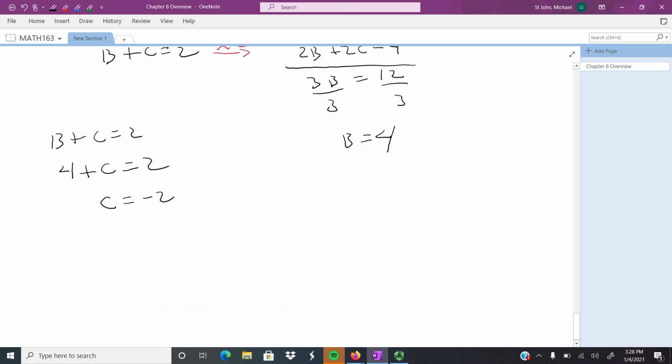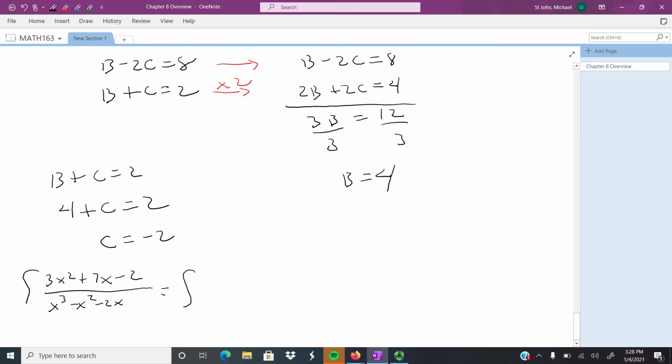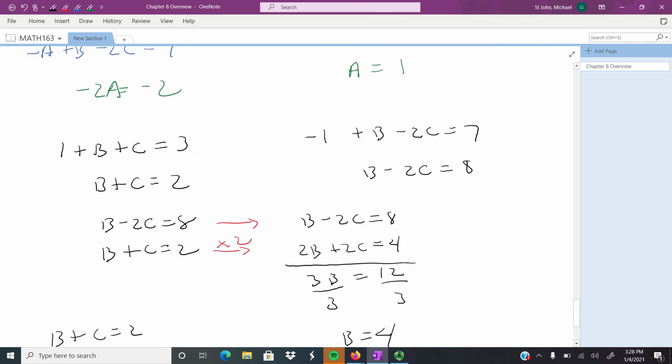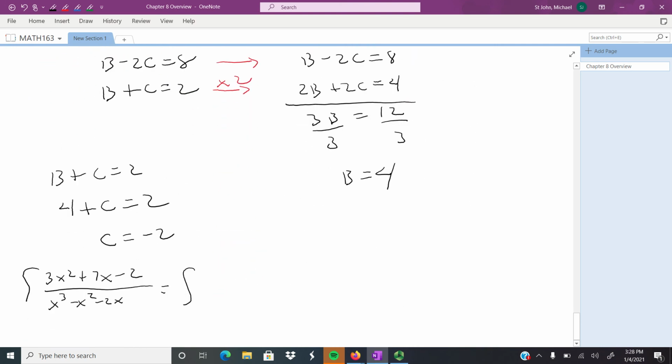Right? So now we integrate 3x squared plus 7x minus 2 over x cubed minus x squared minus 2x, which is the same thing as integrating our a, which we said was going to be 1, over x dx, plus integrating 4 over x minus 2, plus integrating minus 2 over x plus 1.